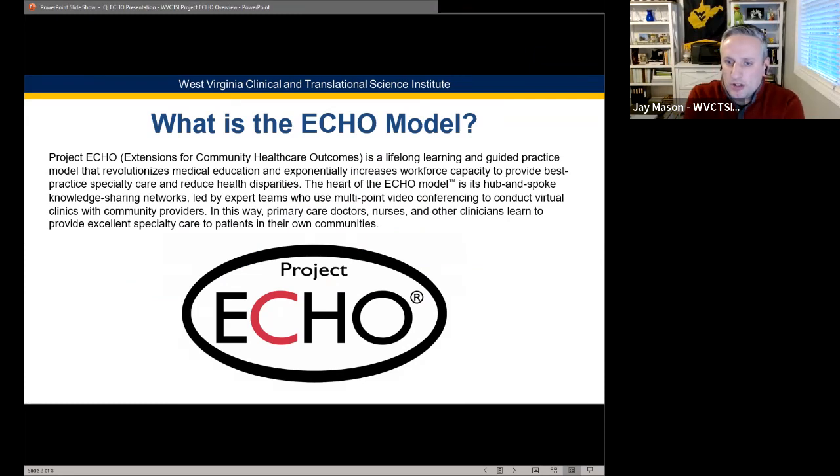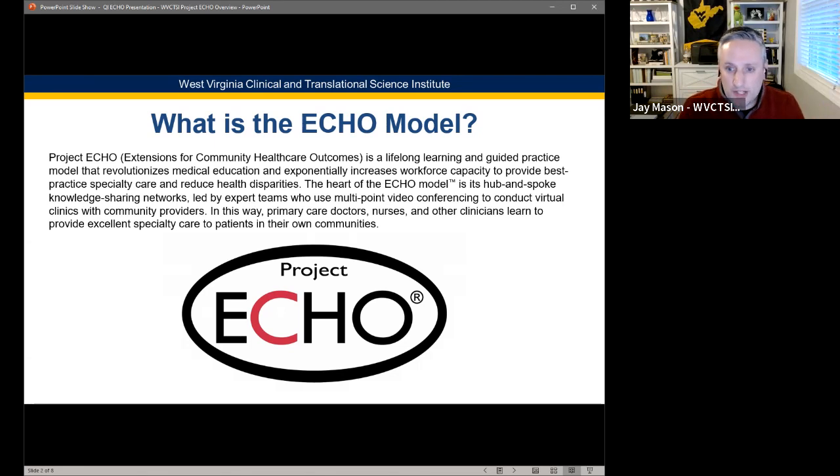So we're going to give a little bit of overview of ECHO here. So first, what is ECHO? It stands for the Extensions for Community Healthcare Outcomes. And for those who aren't familiar, I describe it as a version of telemedicine, where telemedicine is your traditional provider to patient, right? One-to-one. Well, ECHO takes that and just expands it.